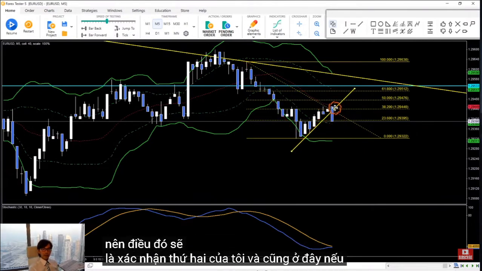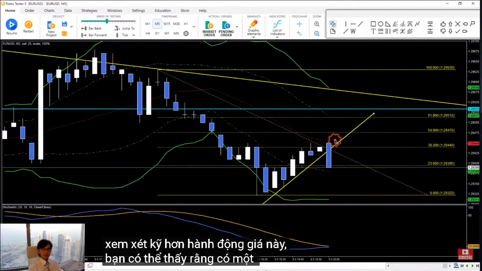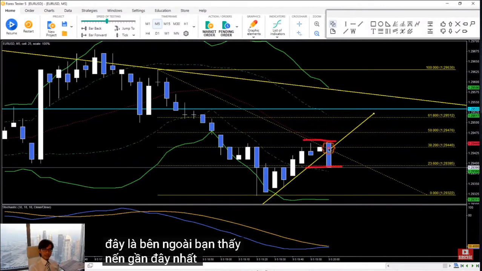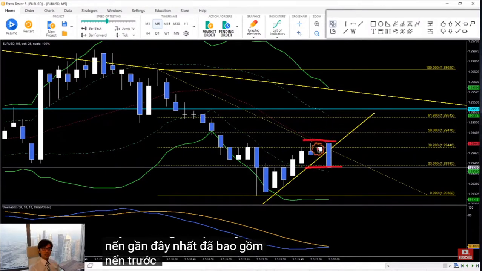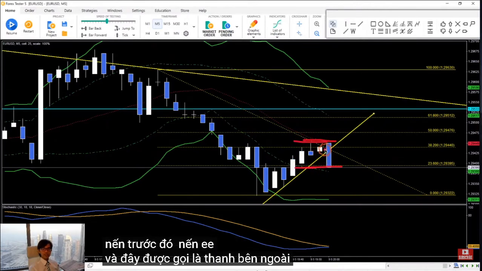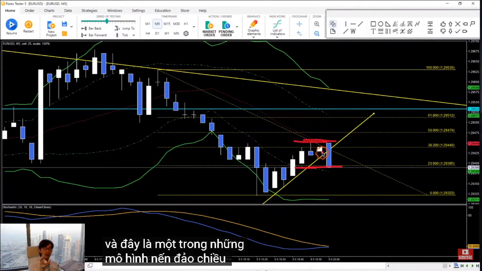And also here, if you take a closer look at this price action, you can find that there is an outside bar. You see the most recent candle has included the previous 3 candles, and this is called an outside bar, which is one of the reversal candlestick patterns.